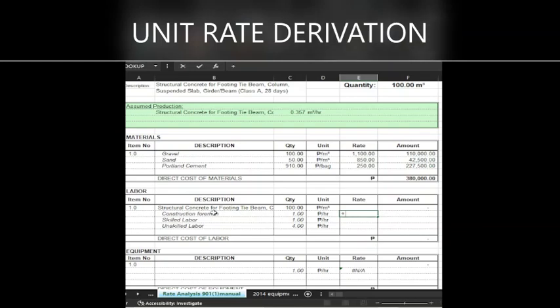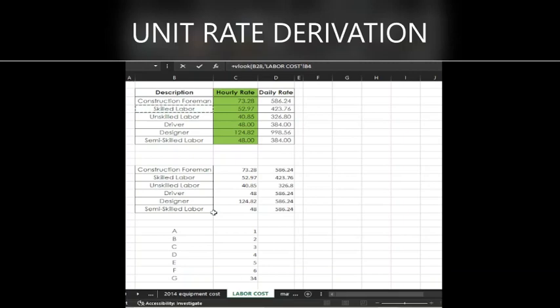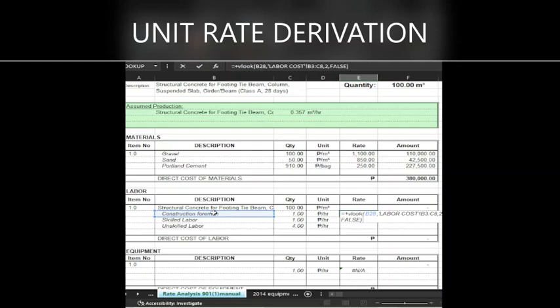So the standard billable rate of the foreman, I will look up also for the construction foreman, then the labor cost from this one. Let's not change the data.